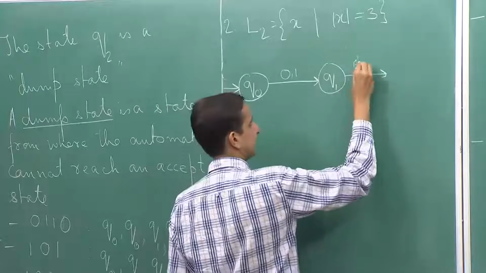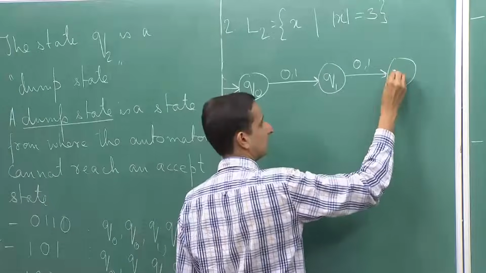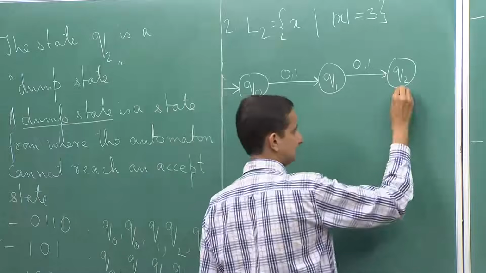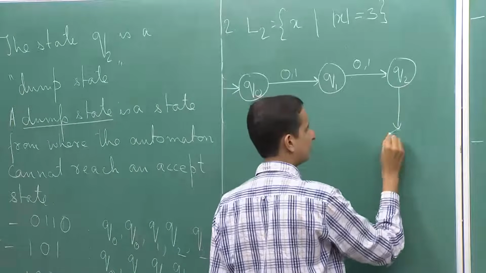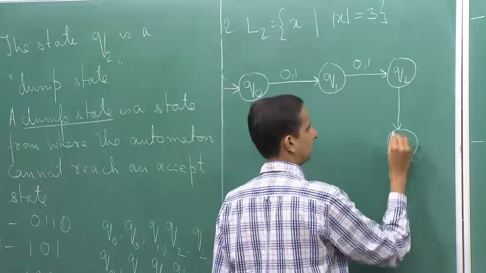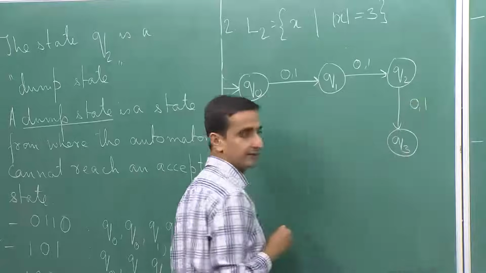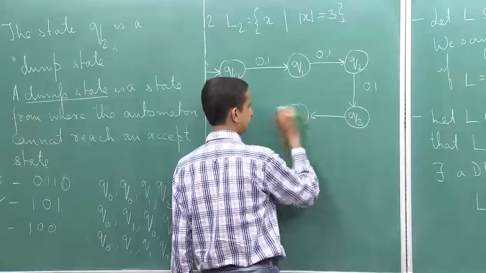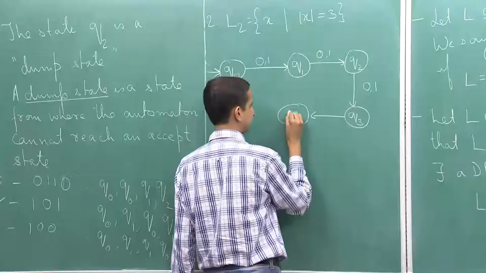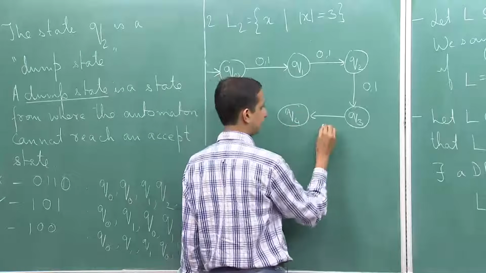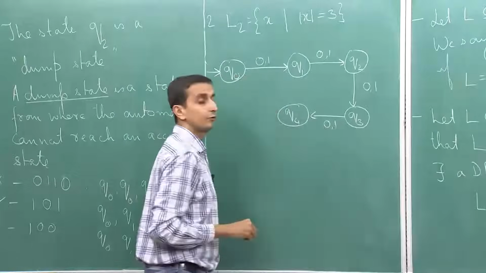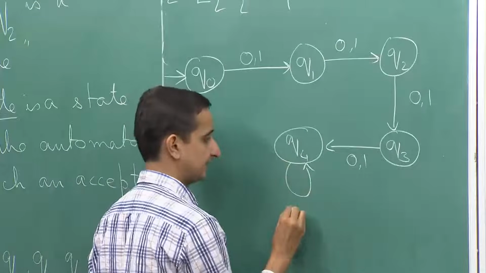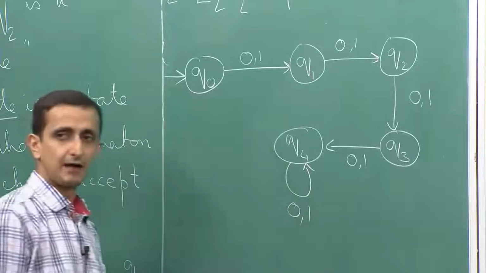On seeing the next character, I go to q2, and then on seeing the third character, I go to a state q3, and then after that, no matter what character I see, I will go to a state q4, and I am going to stay there thereafter. Whether I see a 0 or a 1, I will not move.